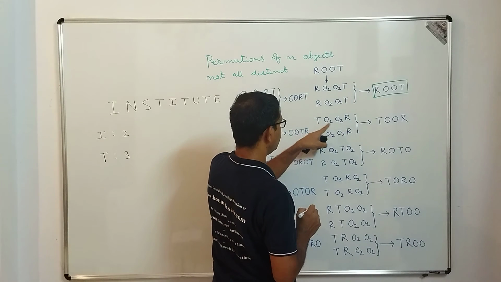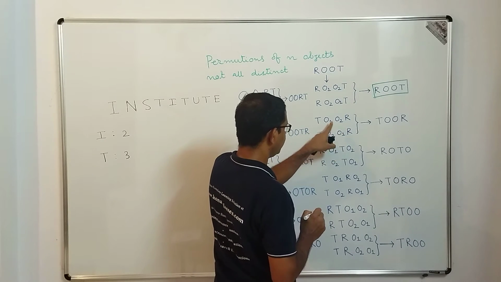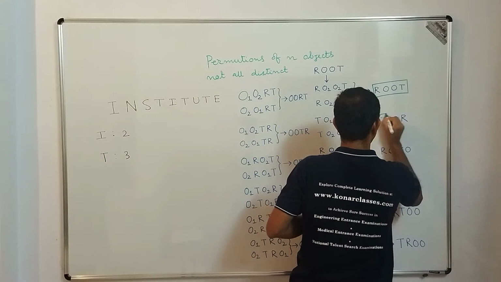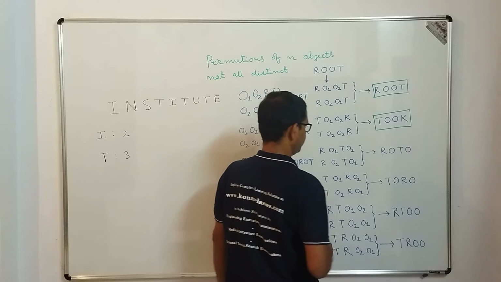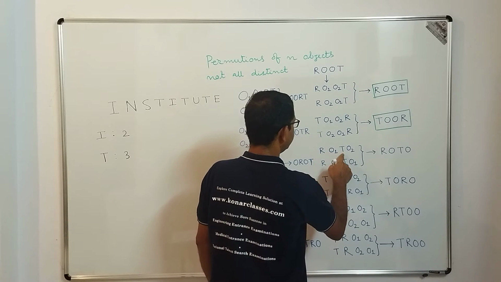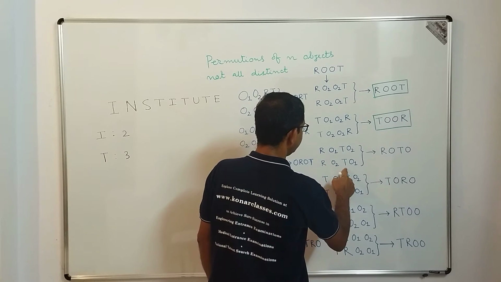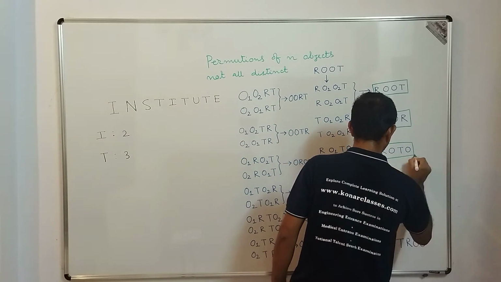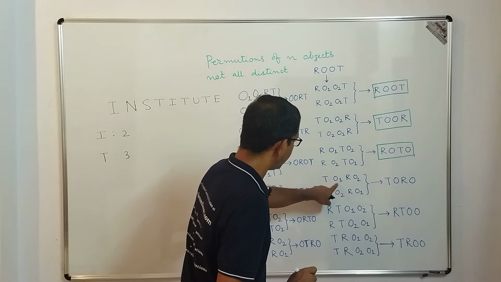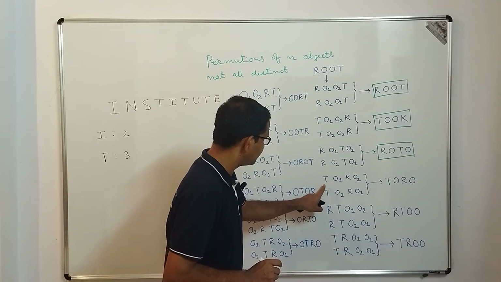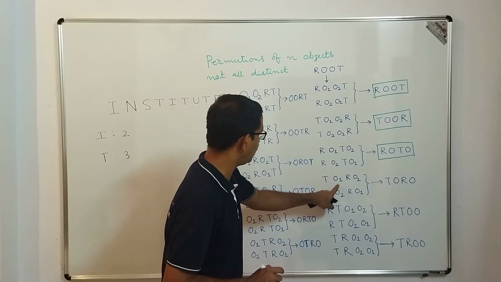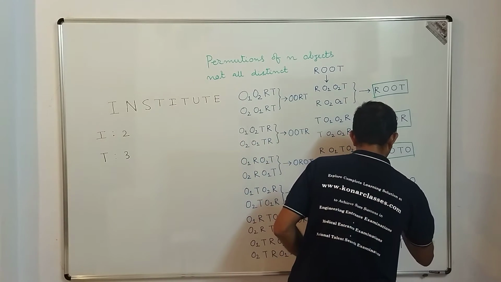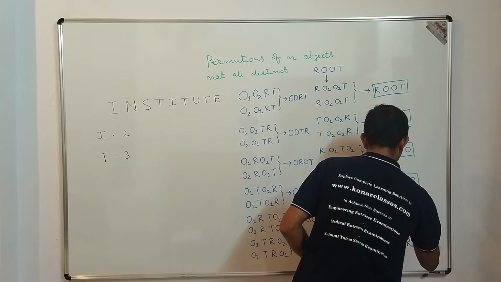Similarly here also T O1 O2 R, T O2 O1 O R, because both O1 and O2 represent the same object O, so we can club together and we get TOOR. Similarly RO1 TO2 and RO2 TO1 club together and we get ROTO. Similarly TO1 RO2 and TO2 RO1 we get TORO.